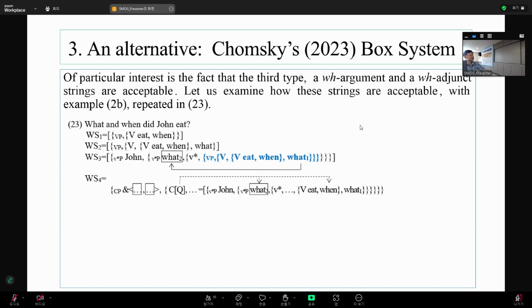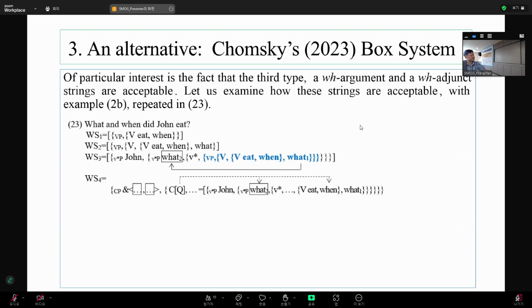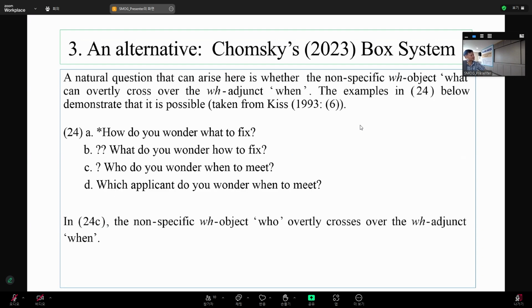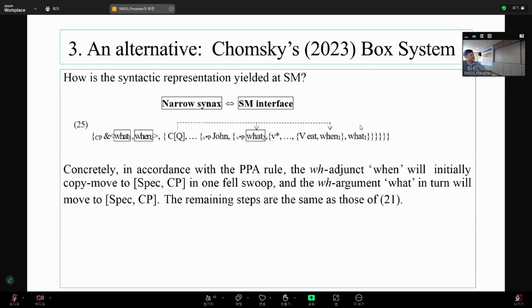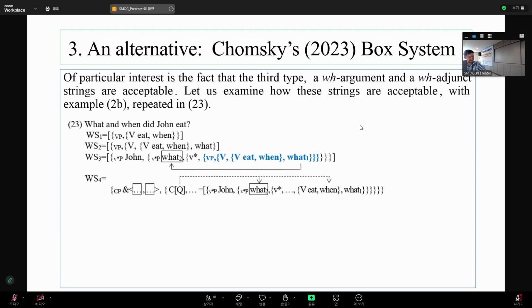Okay, next, what will happen at PF? Here, this is very important. As you can see, this what crosses over the relation agents, right?